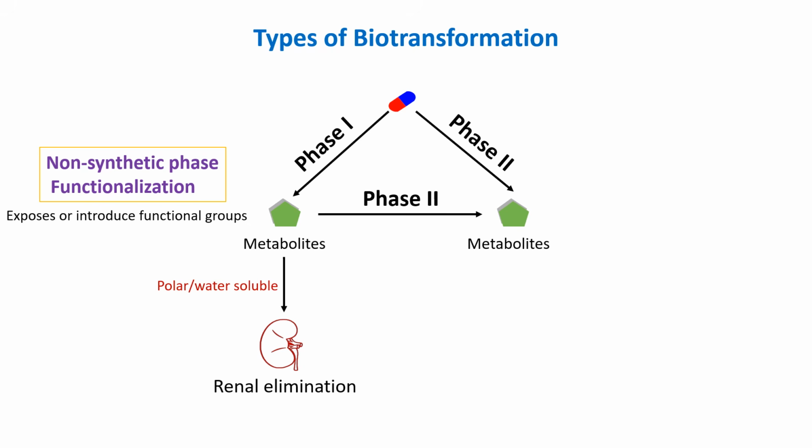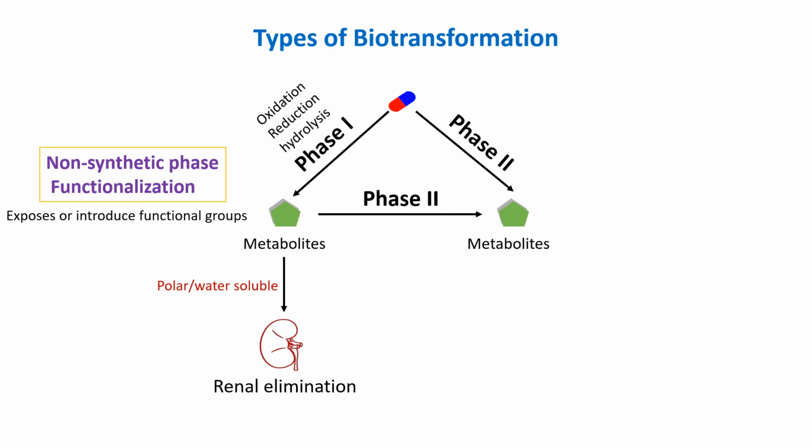It also makes the drug chemically reactive to facilitate phase 2 reaction. The metabolites of phase 1 reaction can be activated, inactivated, or unchanged versions of the parent drug. These reactions include oxidation, hydrolysis, reduction, and many more.